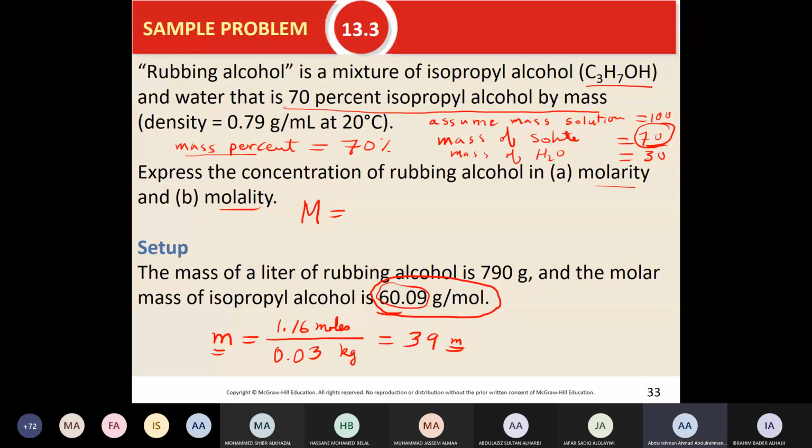All right. Now, can we calculate molarity, M? We have the number of moles, already 1.16. But I need to know the liters of solution. I have the density here. And what's the mass of the solution?